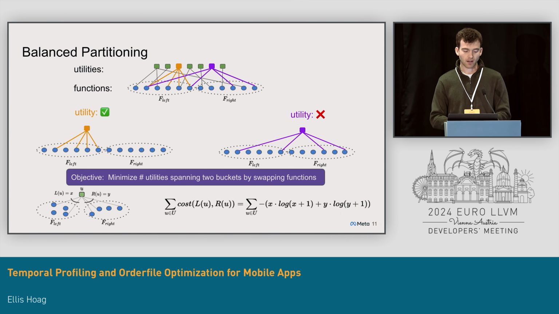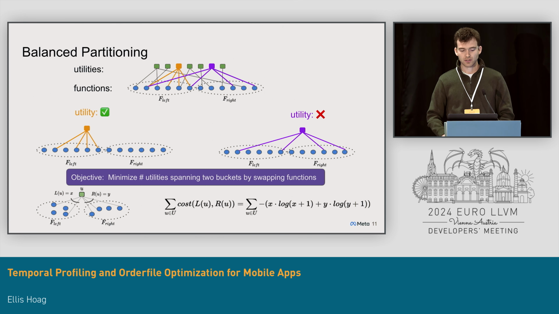We can create a cost function that essentially counts the number of edges that span the two buckets, and we want to minimize this cost function. We do this by swapping functions between buckets if it improves the cost function.